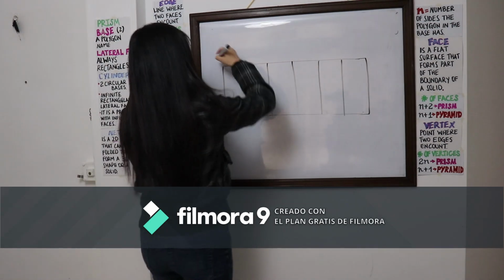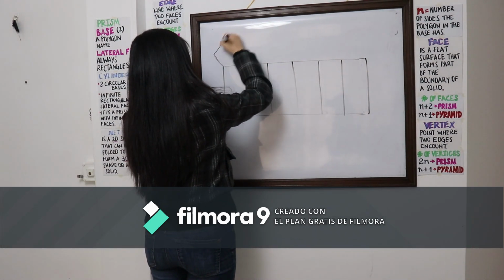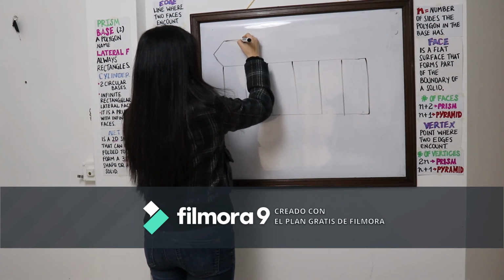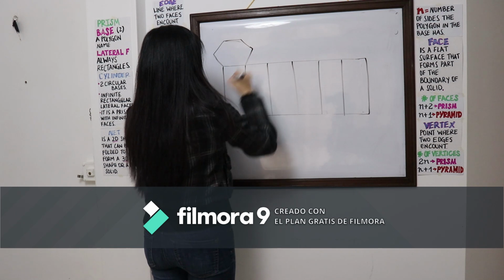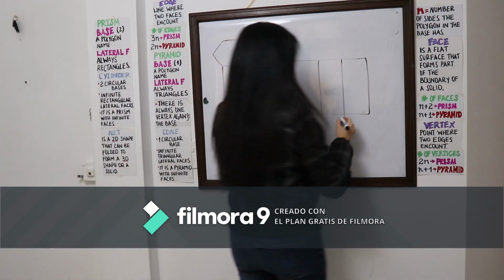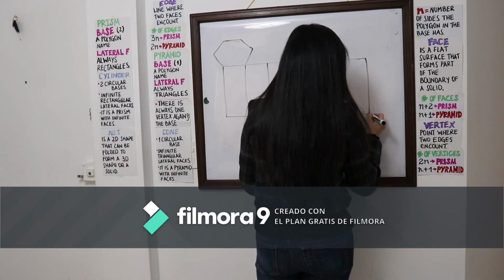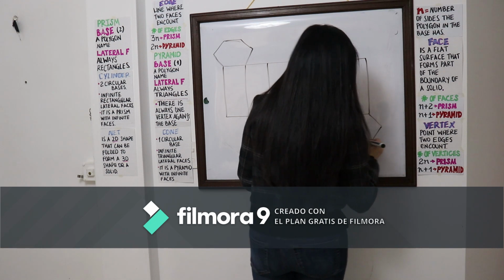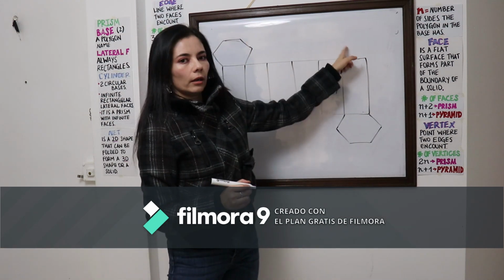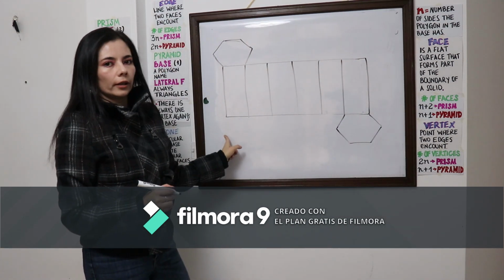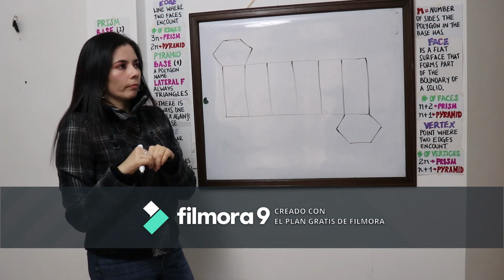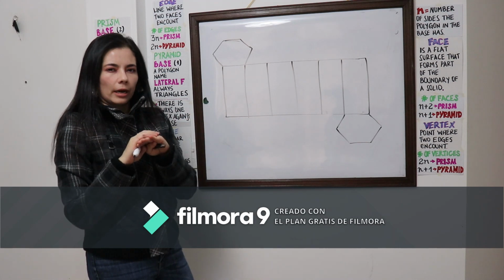And then I just need the 2 bases. I'm going to draw one here, one over here, right? And then I'm going to draw the other one over here. Can I draw them anywhere else? Sure you can. The one thing you cannot do though is to draw both up here or both down here, because then they're going to get overlapped, right?